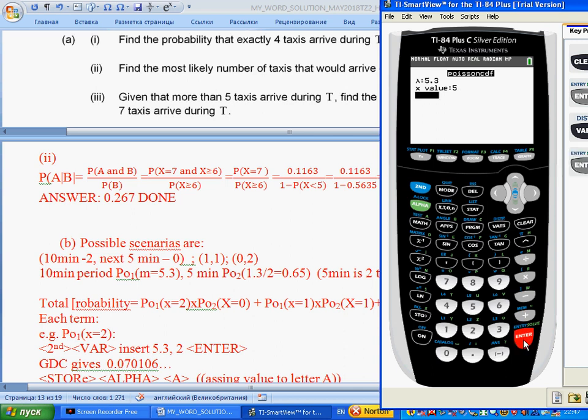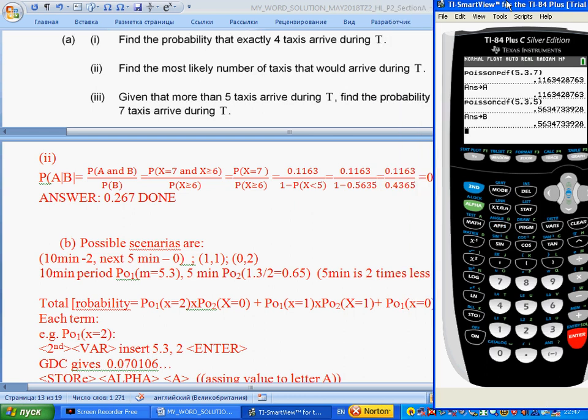Enter, enter, enter. We store it in letter B. Letter B is alpha and this button. Press enter. Now we should calculate A divided by 1 minus B.